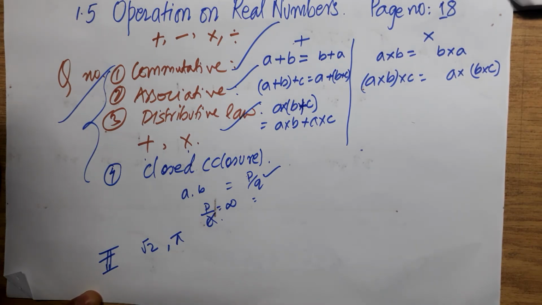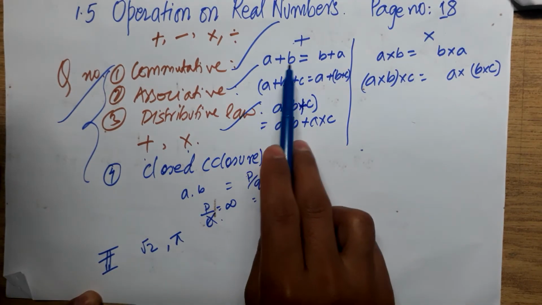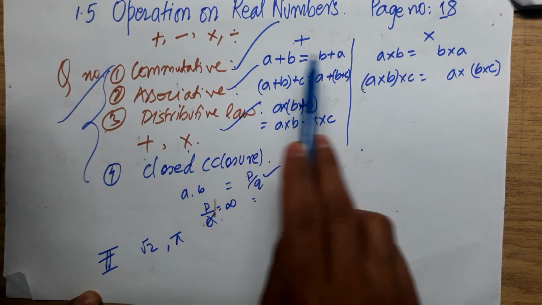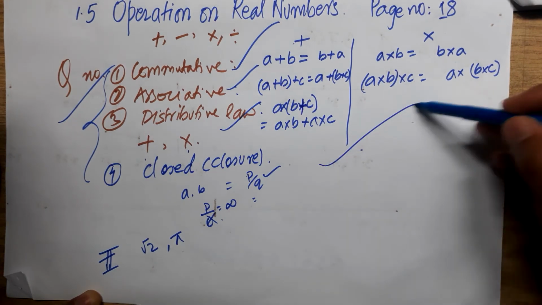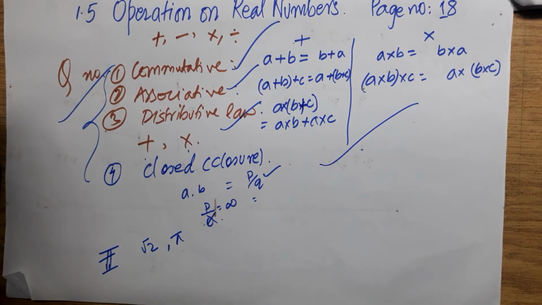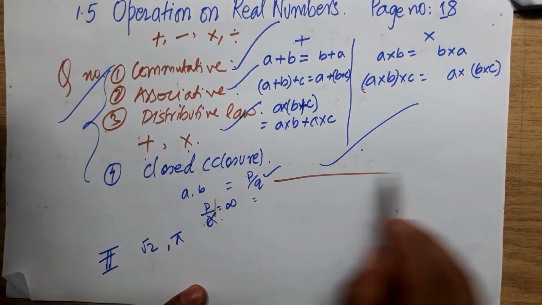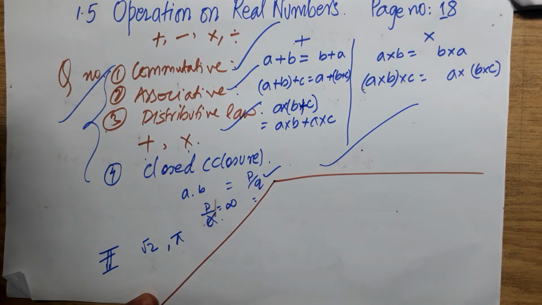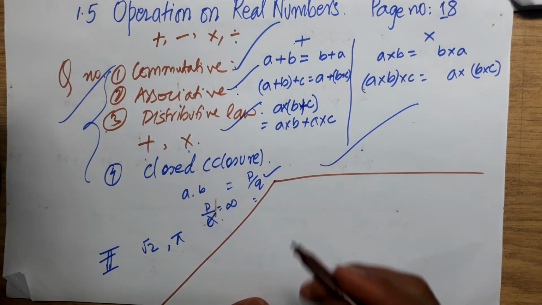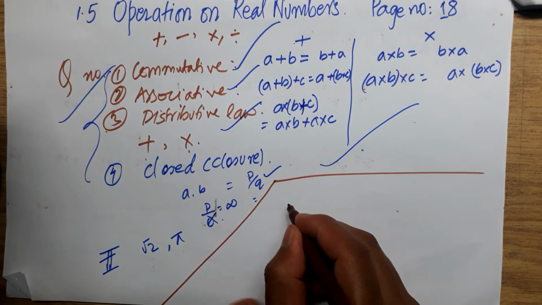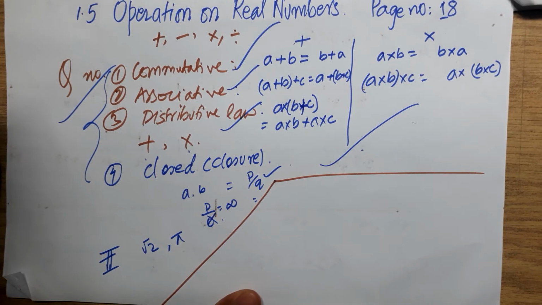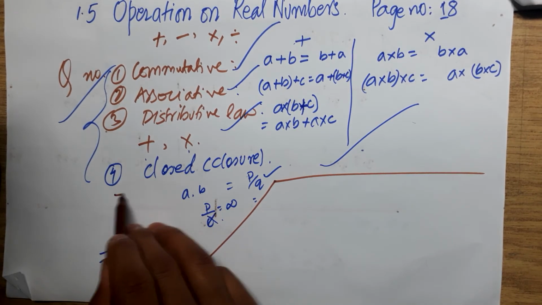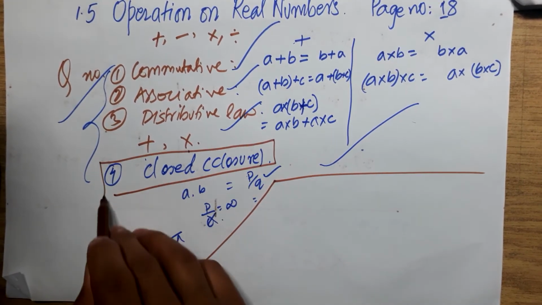That means in case of a and b, we have considered rational, but if we consider irrational numbers, it will satisfy the same. But now we will see one property which irrational numbers will not satisfy. That is, when we sum two irrational numbers, it will not satisfy the closure property, this fourth one.